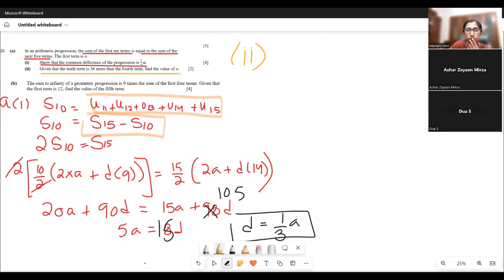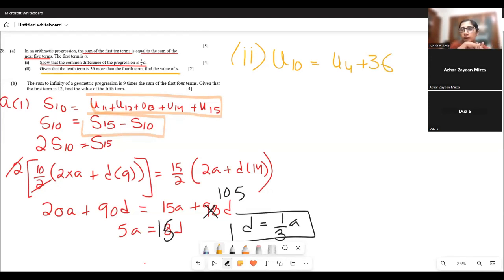Is U10, 10th term, not the sum of the first 10 terms. The 10th term itself is U4 plus 36. हाँ यार ठीक है.